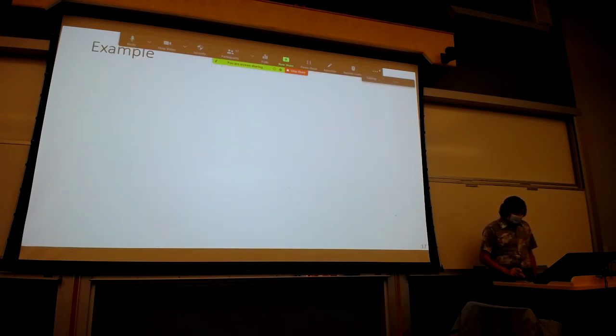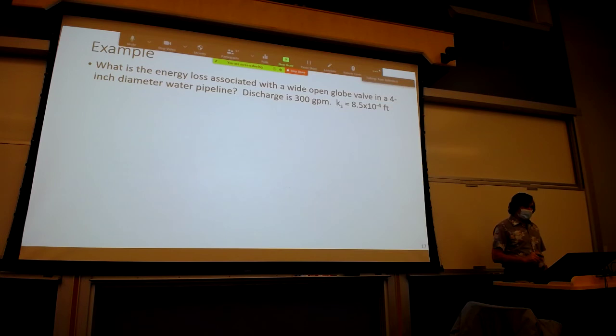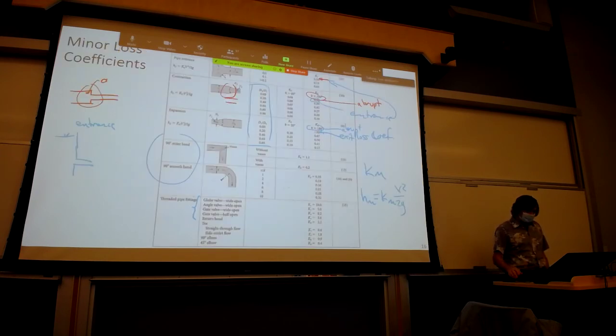So, in an example, what is the energy loss associated with a wide open globe valve in a 4-inch diameter water pipeline? The discharge is 300 gallons per minute, and the pipe on either side of the globe valve has Ks equal to 8.5 times 10 to the minus 4 feet. And just to go back, for the globe valve, here's a wide open globe valve, go figure.